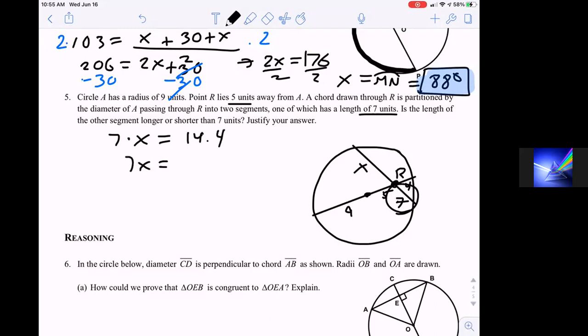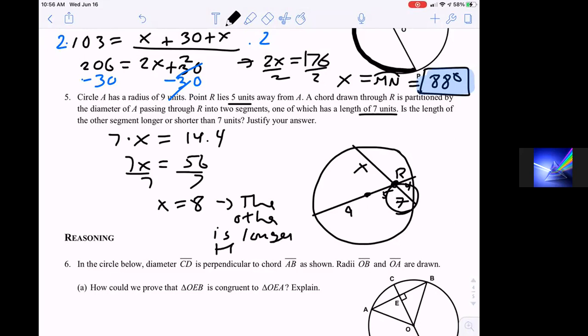So 7x equals 14 times 4, which is 56. X equals 8. The other segment is longer than 7.